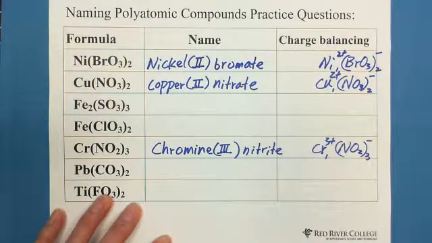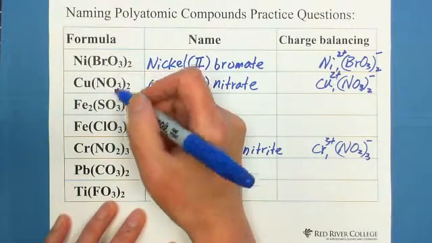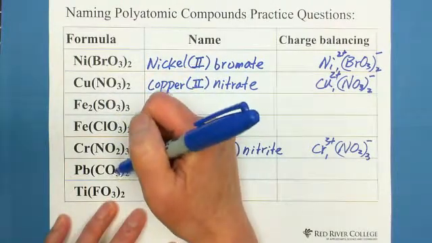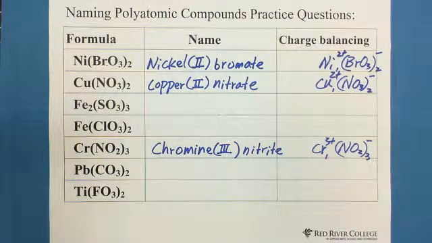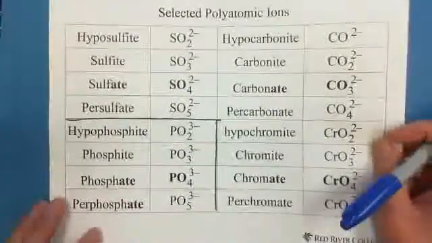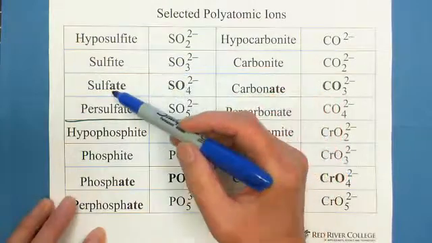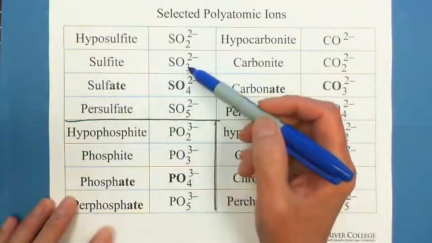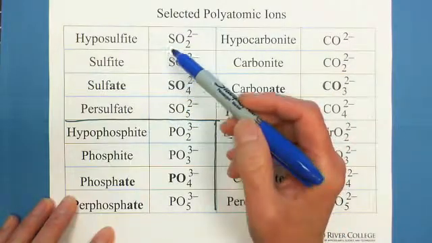For the polyatomic ions, you can check the periodic table of ions, and we can also find a pattern. For example, sulfate, sulfite, hyposulfite, persulfate.